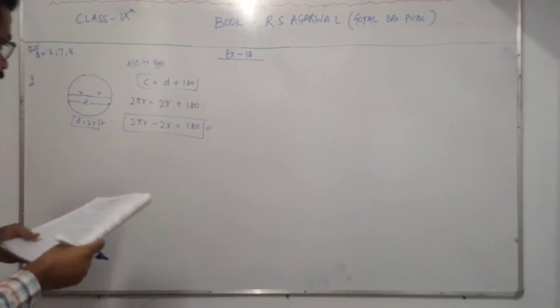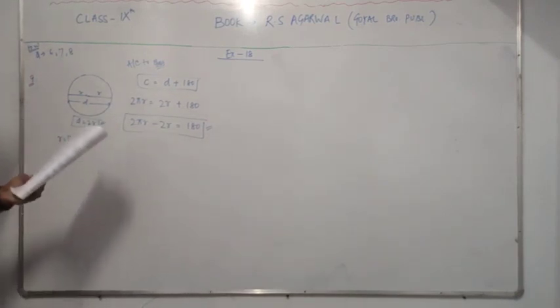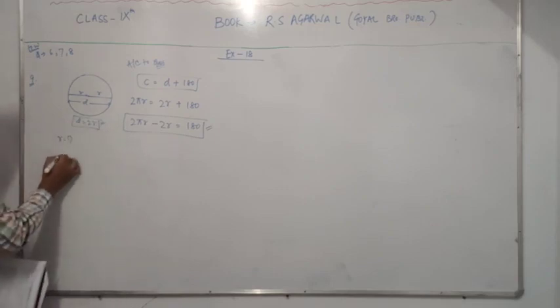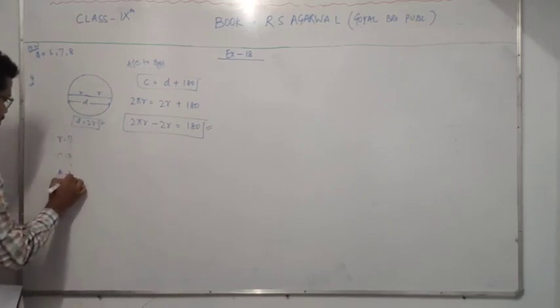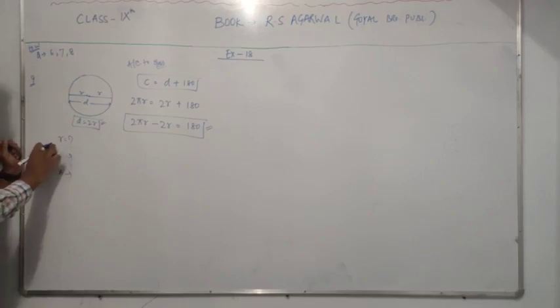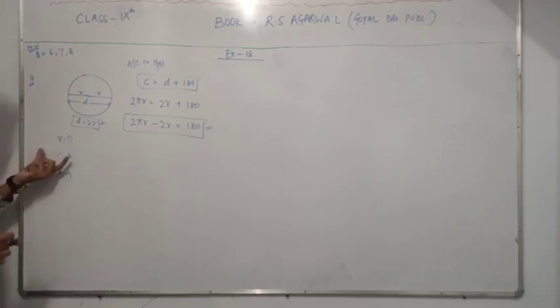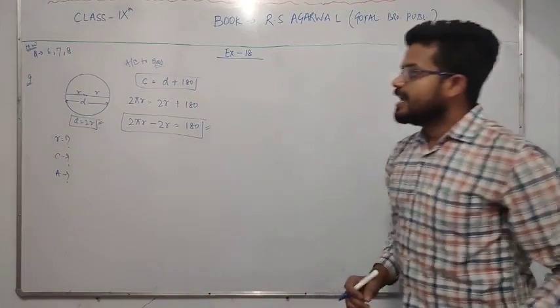Now we have to calculate the radius of the circle, circumference of the circle and area of the circle. I do only this one, the value of r, and you have to do both this, C and A. You have to find circumference and area.